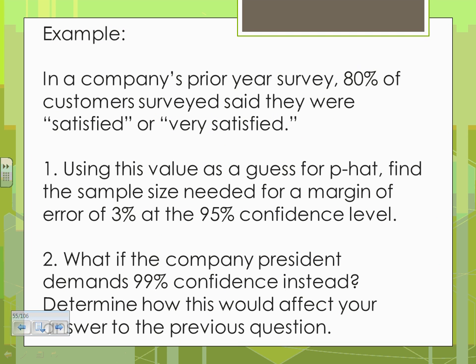In a company's prior year survey, 80% of the customers surveyed said that they were satisfied or very satisfied. Using this value as a guess for p-hat, find the sample size needed for a margin of error of 3% at the 95% confidence level.